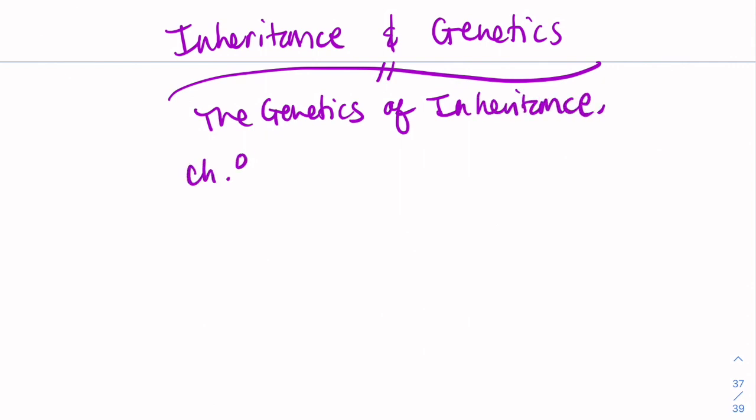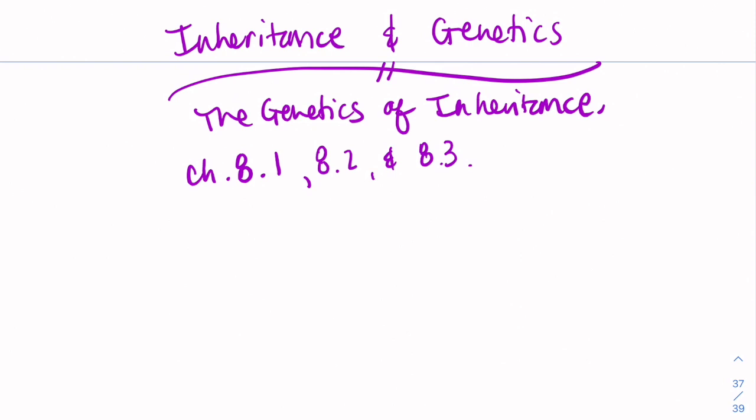This is chapter 8 in your online book, sections 8.1, 8.2, and 8.3. So if you want to take a look at that, please do take a look at that, definitely.